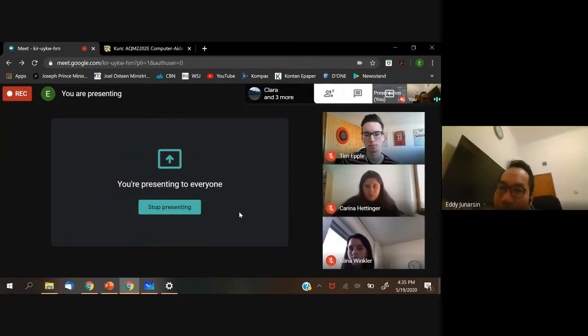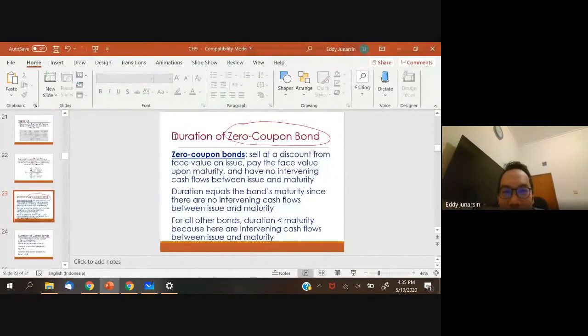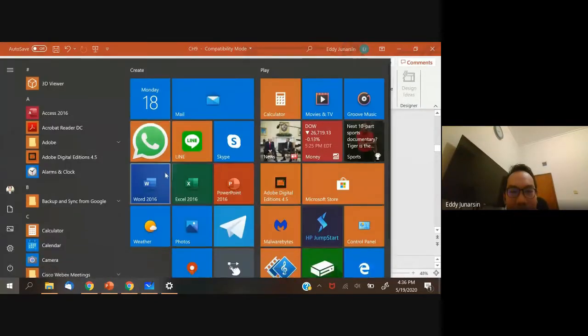For example, 900 to 1,000, or maybe 850 to 1,000. So the idea here is what is the duration of a zero coupon bond? We'll try to prove it like several days ago.